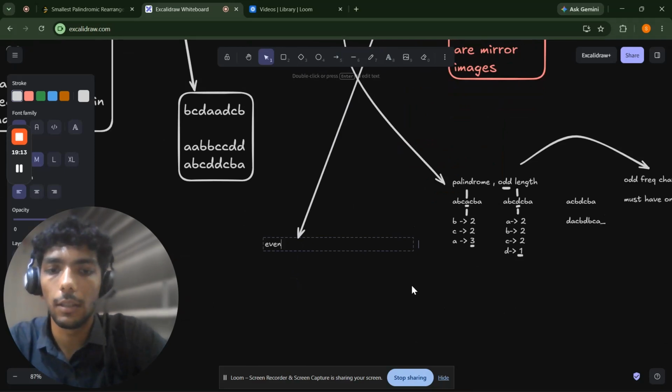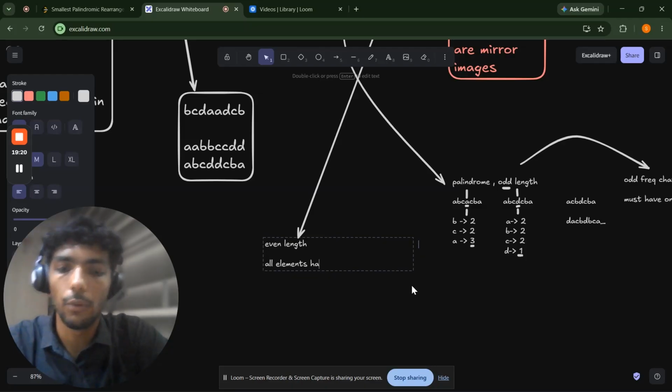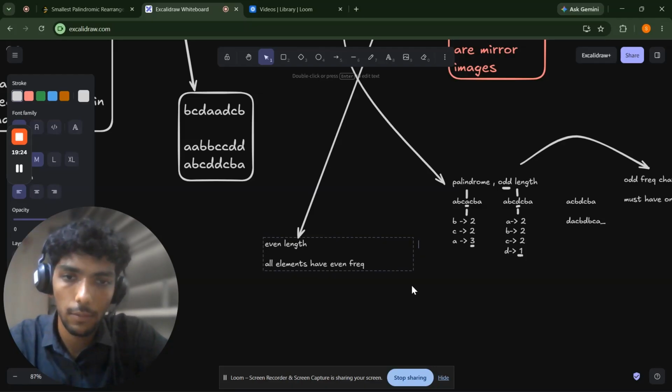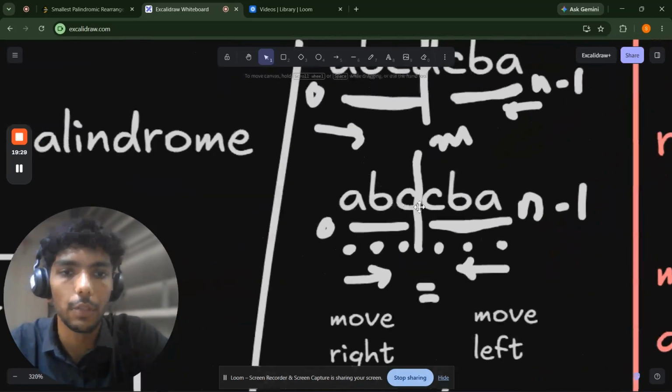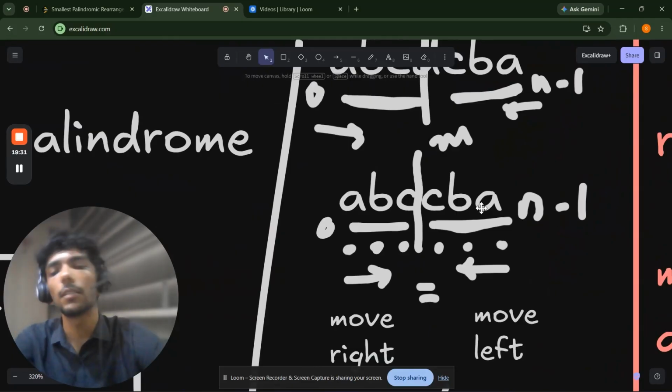If it is even length, all elements have even frequency. C is two times, B is two times, A is two times.